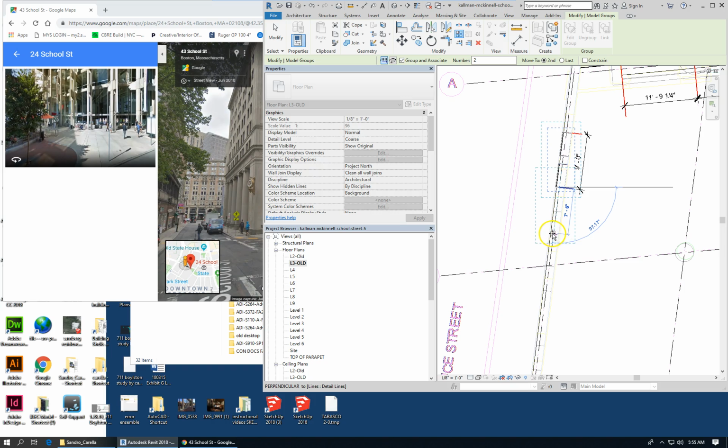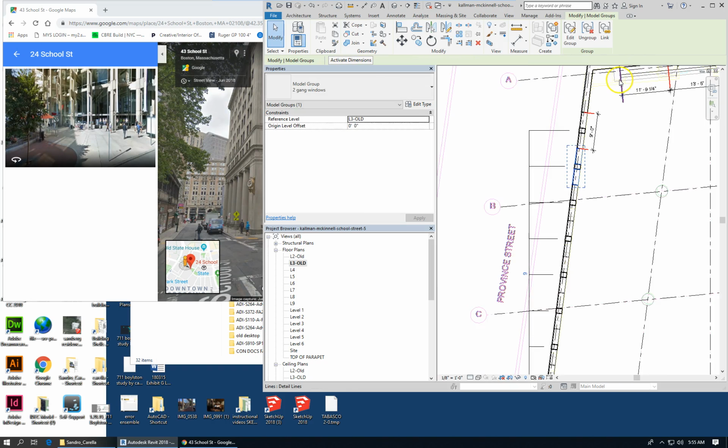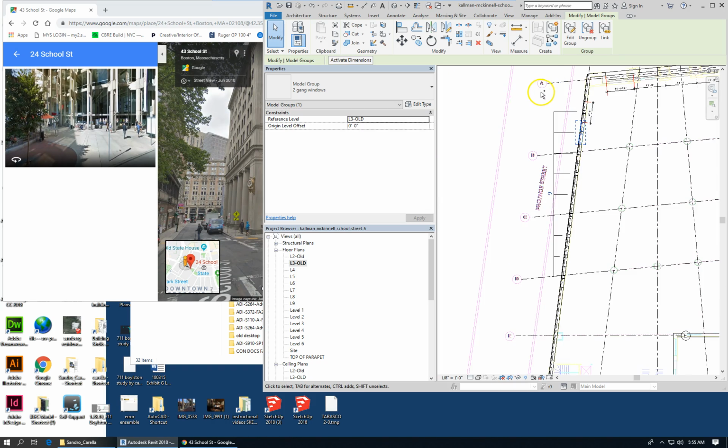Just go from the end point. What is it? 9 and 2 or 1? Let's see what 9 gives us. 9 feet.